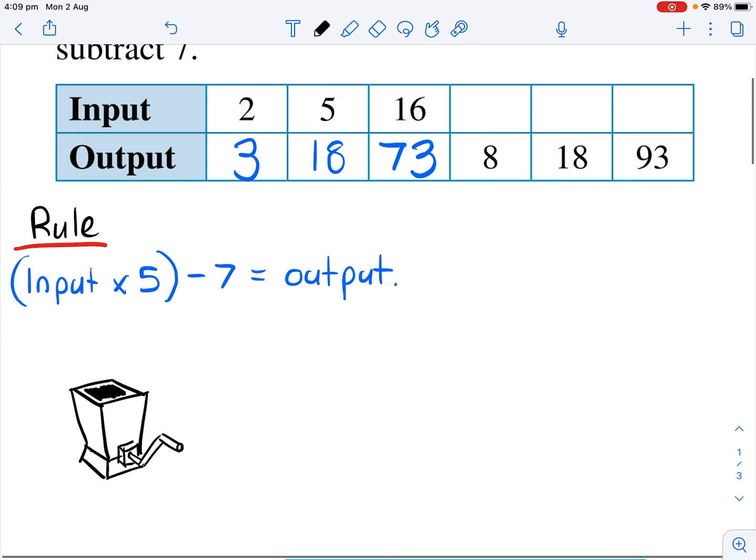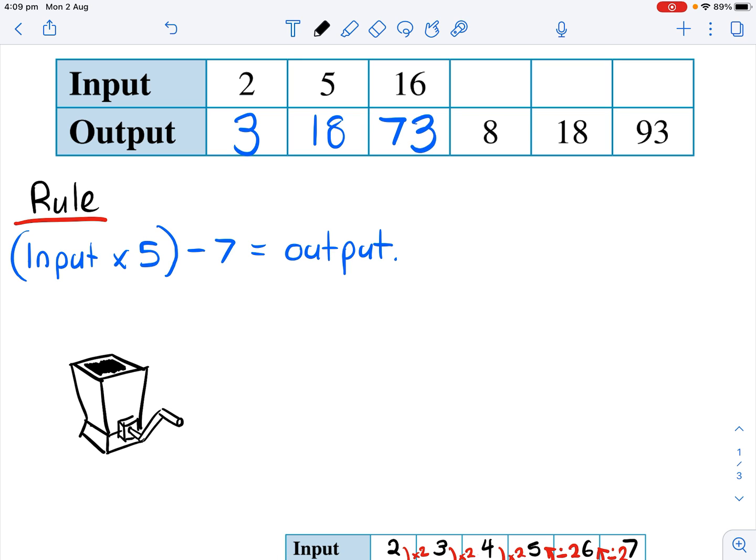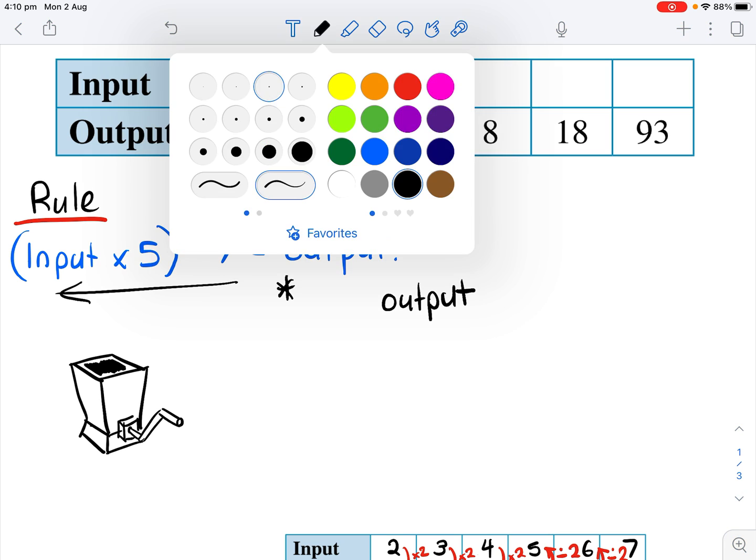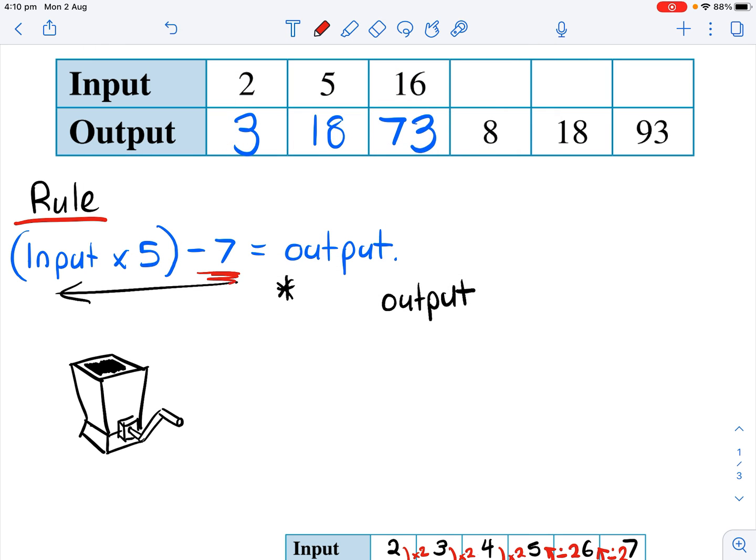For this example, the rule that we used was the input times 5, subtract 7, is equal to the output. So to reverse this process, we're working backwards, starting at the output and working backwards from there. So the rule for going backwards would be that the output is, and the last thing you do is subtract the 7.